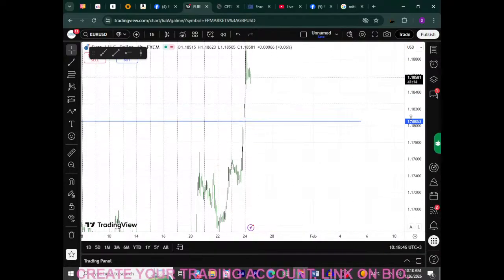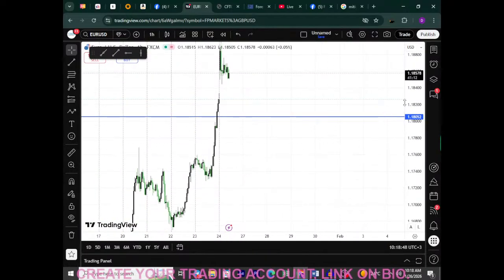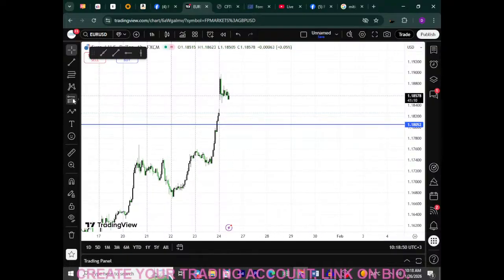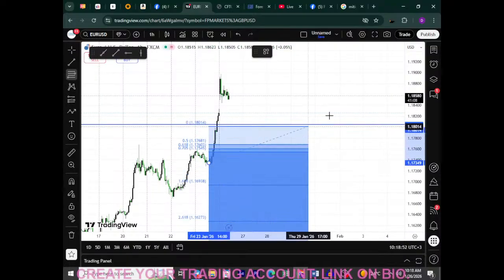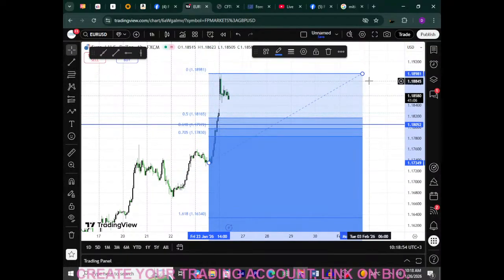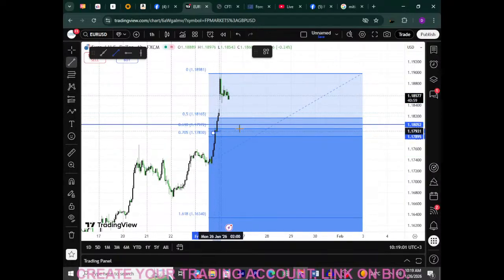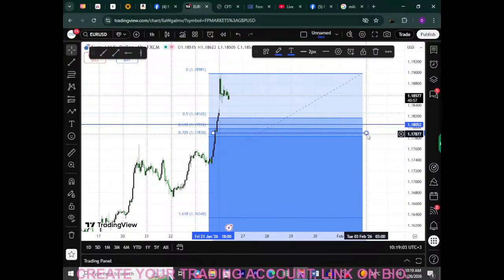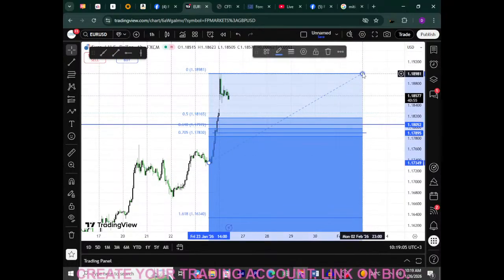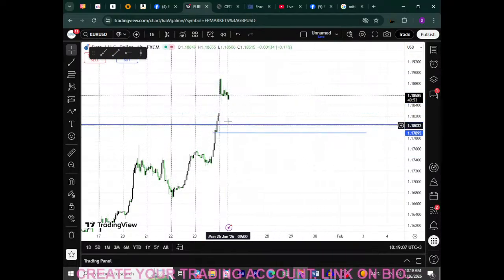If not that, price can decide to come to that level there now. That is using our fib. So these are potential low of the weeks.